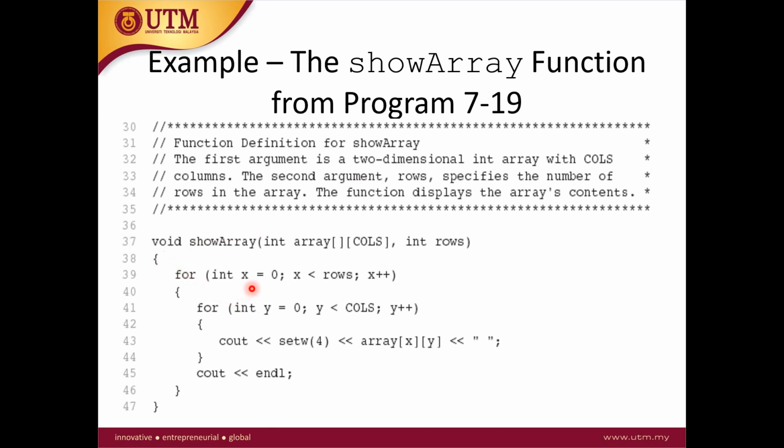So x equals 0 in order to start the rows from index 0, while x is less than the number of rows, incrementing 1 by 1, and then for the columns as well. Then we are going to print out each array element from row 0 and column 0, and then it's going to be incremented 1 by 1.